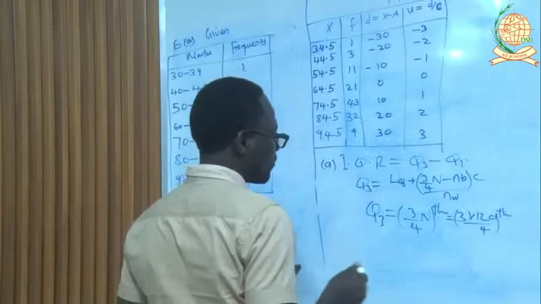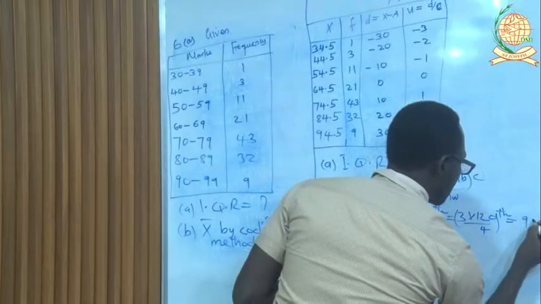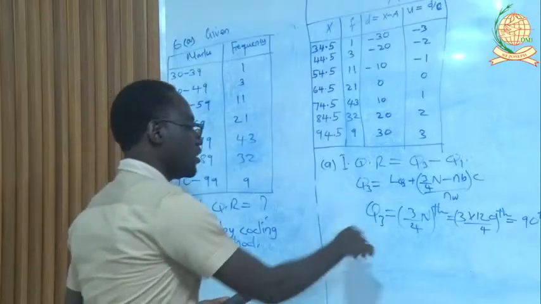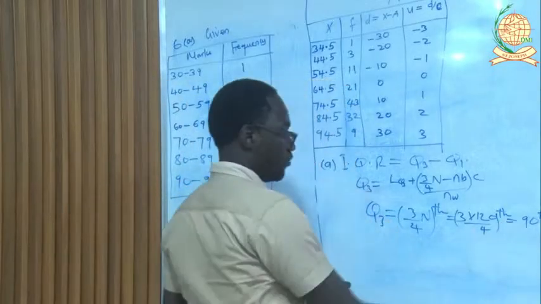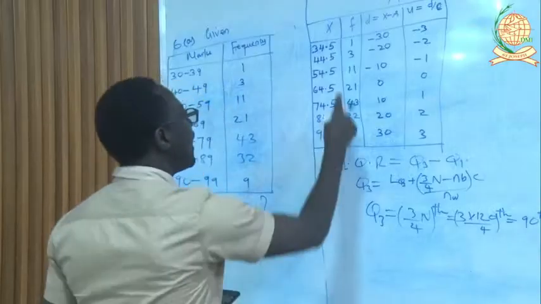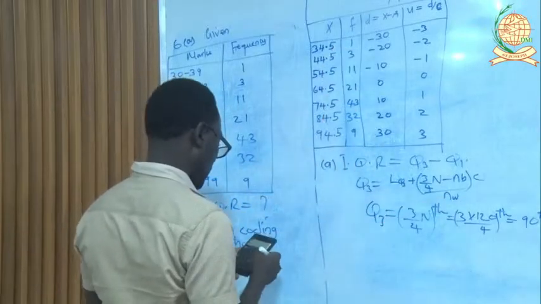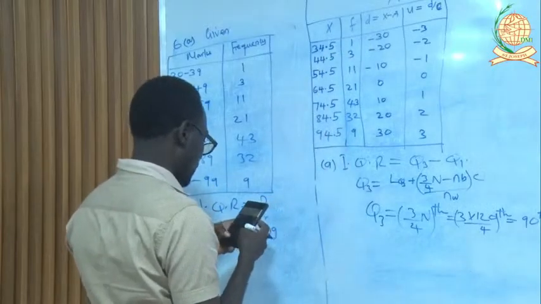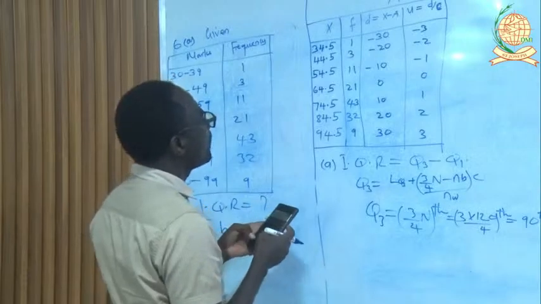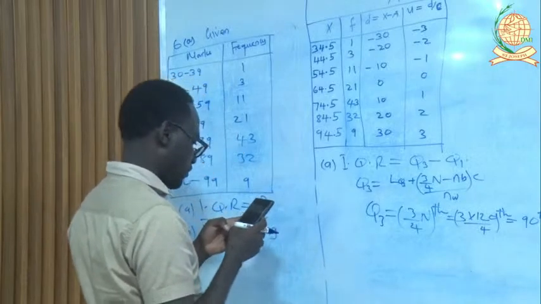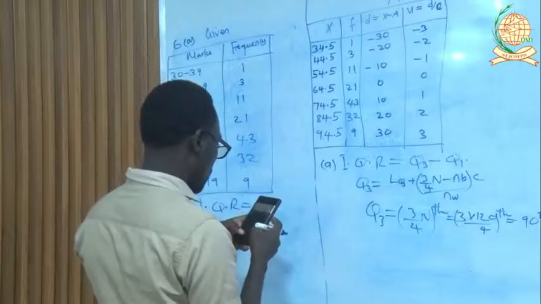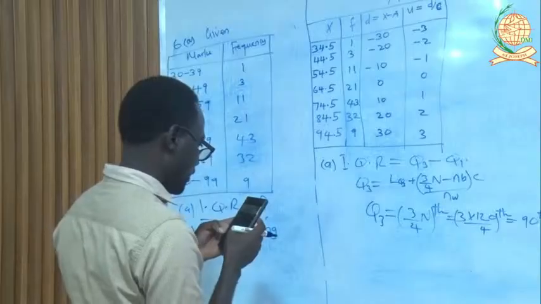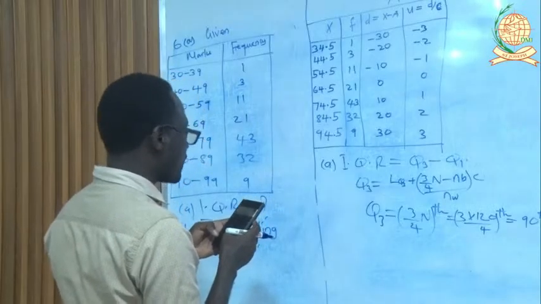Which is equal to 90. Yeah, so Q3 is found in this first interval of 90. Then add the frequency up to 90 to get the first interval. Take Q1 plus 3 plus 11 plus 21 plus 43 and plus 32.